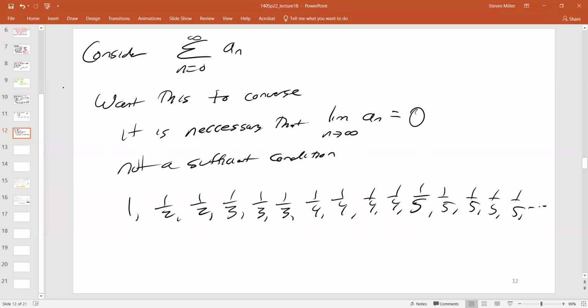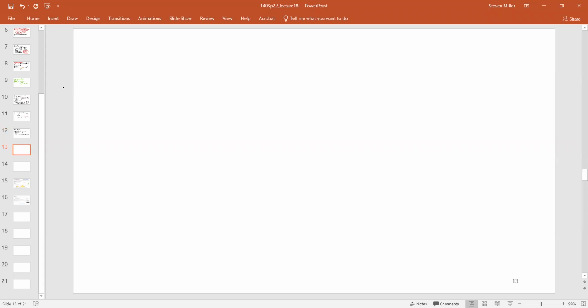So we need to start developing a whole slew of tests. When can we tell that a sequence will converge? So the first one, which is the simplest, is the alternating series test.